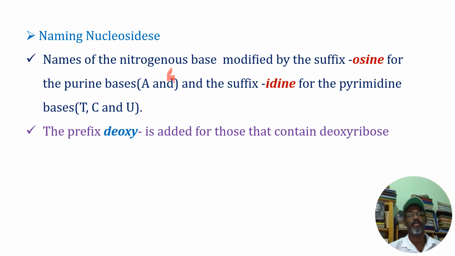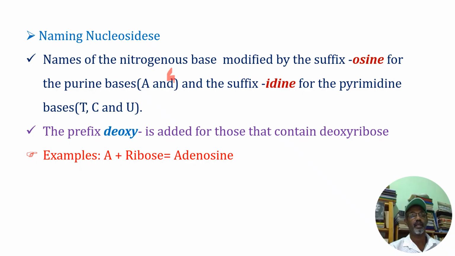If it is DNA, the prefix deoxy is added for those that contain deoxyribose sugar. For example, A plus ribose, this is for RNA. Adenine plus ribose, you modify the name adenine into adenosine. Finished.